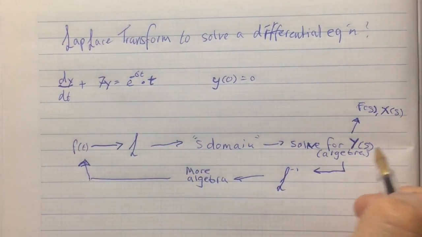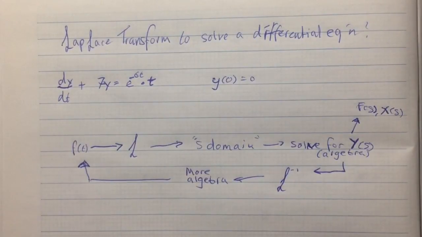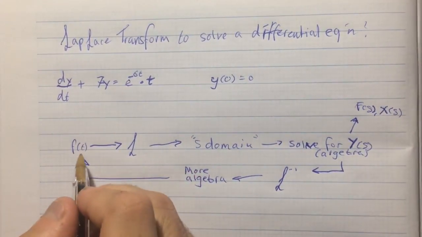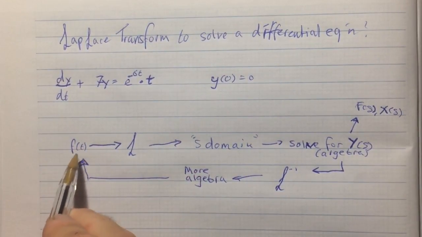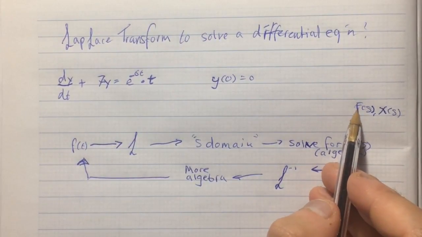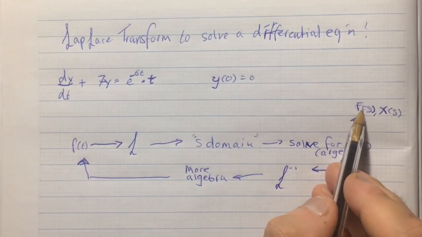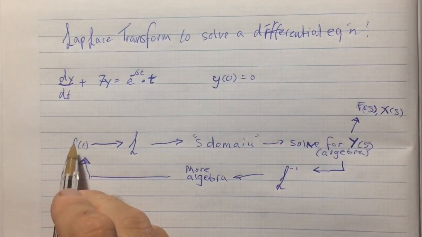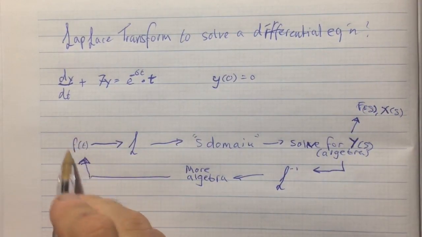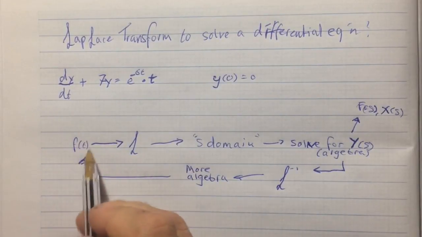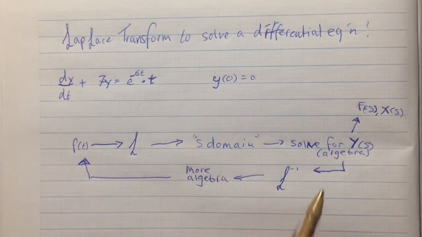Because everything's in a term like f, that means function, right? By the way, just notation wise, see how this is lowercase and this is capital F? If it's in the S domain, you would capitalize the letter that's denoting the function, whereas in the real domain, which is not the S domain, the time domain, you would have it lowercase f.